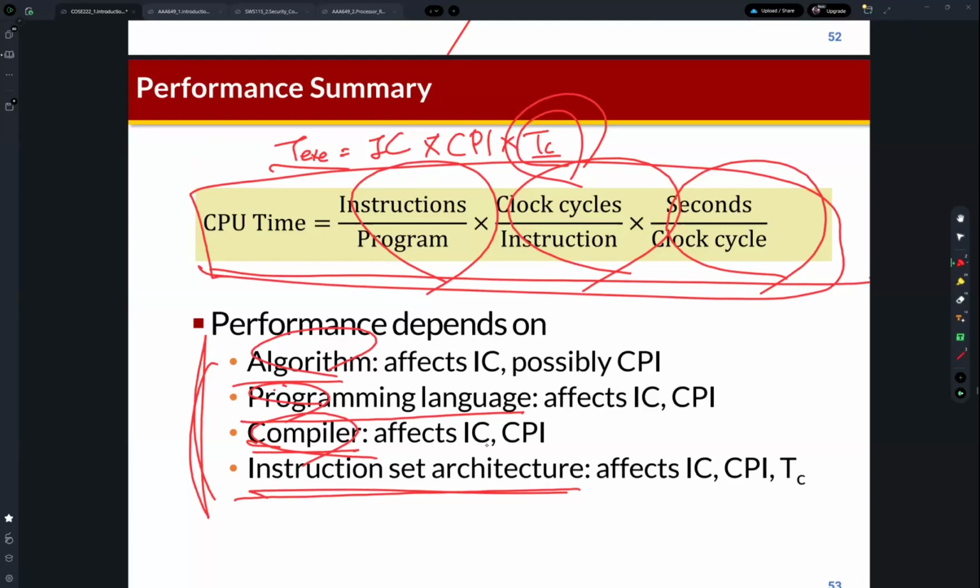CPU time is the instruction count and CPI and TC. But the CPU can actually run any applications, right? Then which applications need to be used for measuring the performance of a CPU? So we need to decide.